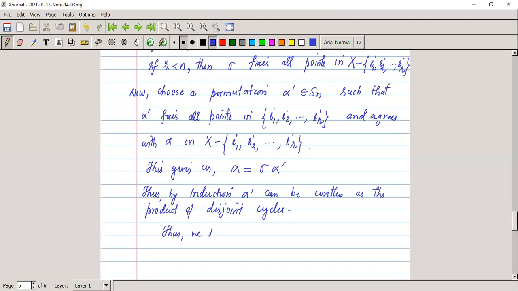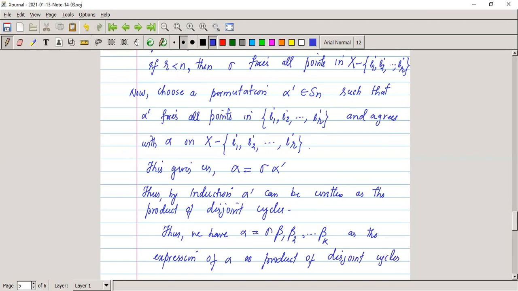thus we have alpha is equal to sigma into beta 1 into beta 2, and so on, into beta k, suppose, as the expression of alpha as a product of disjoint cycles.